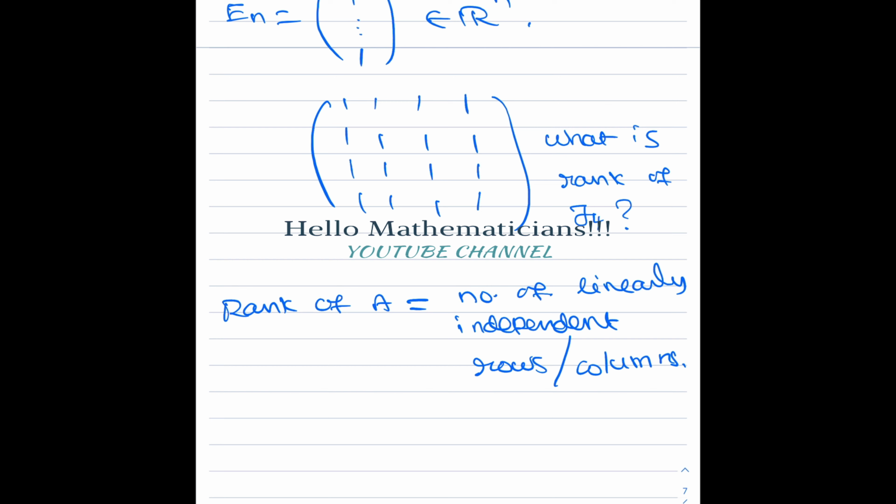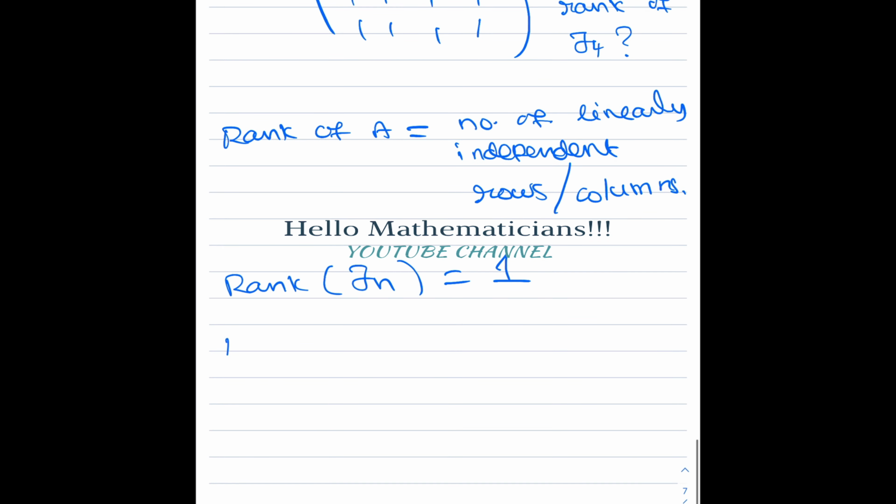Therefore, there is only one linearly independent row. Or you can reduce this matrix to echelon form. You will see that the rank of this matrix is 1. So since there is only one row that is repeated, the rank of Jn is equal to 1.